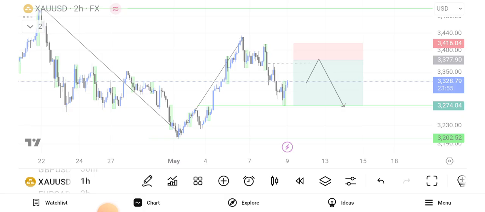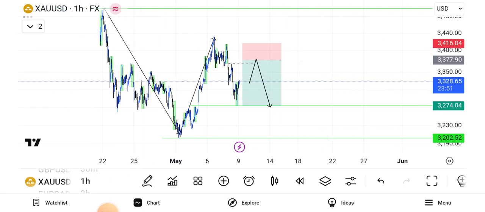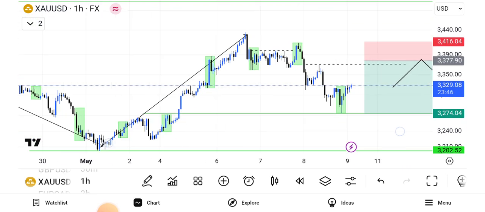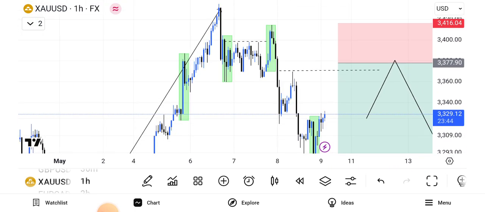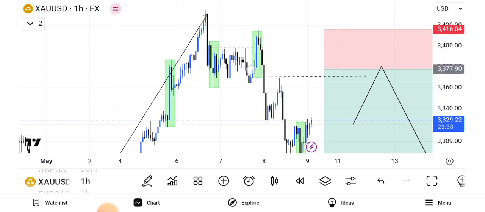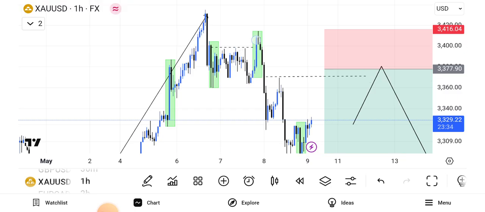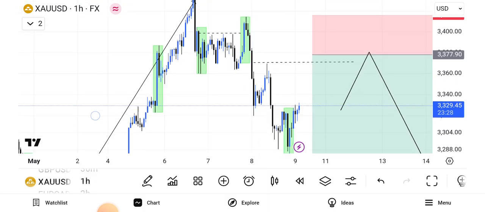So if you go to 1 hour, you see that gold yesterday was in a range. You see this range right here. Then the next thing we saw was that price came up and took out this range, cleared the range at this point here, and then it gave us a break of structure to the downside.